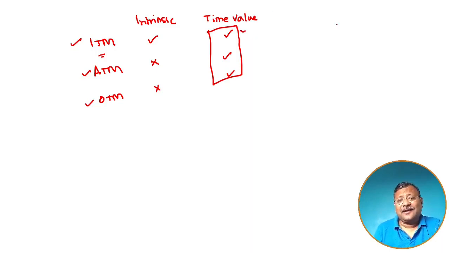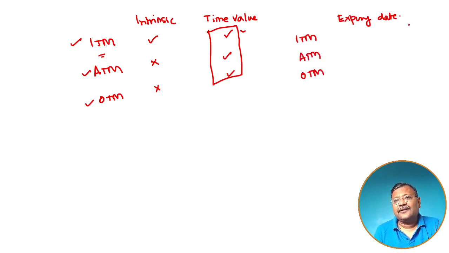And ultimately what will happen is that on the expiry date, whether the option is in the money, at the money, or out of the money, there will be no time value, because remember, the option is already expiring. So where's the question of time value? Yes, if the option is expiring in the money, then it will definitely have intrinsic value.